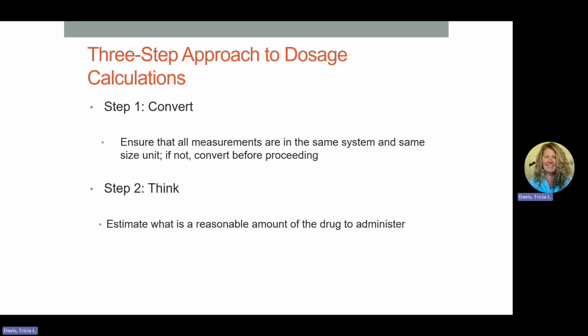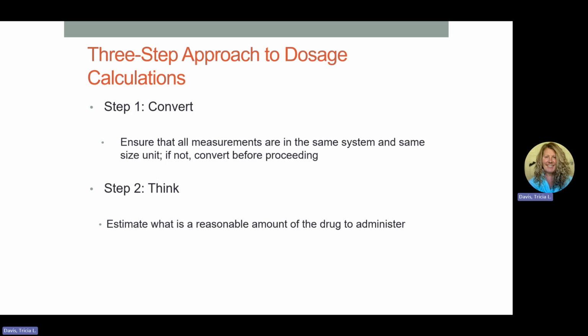Then we have to try and think what is a reasonable amount of medication to administer. So I will say that starting out, this is probably going to be very difficult for you because unless you work in a pharmacy or you're around medications, you don't really know what a normal dose of metoprolol is. The first time I gave metoprolol, if the doctor would have ordered 7,000 micrograms, I might have assumed that that was normal because I've never given that medication before.